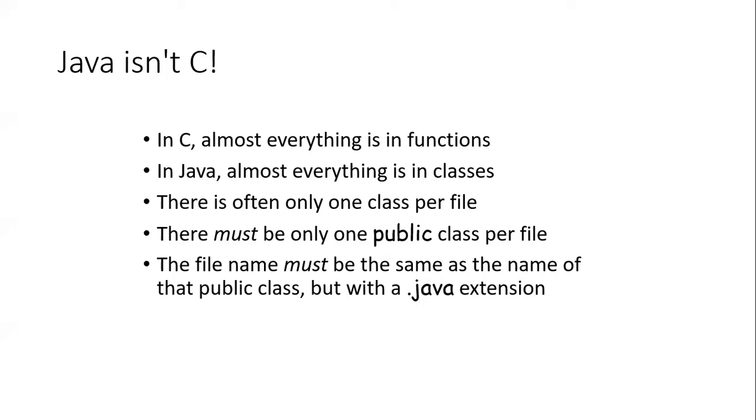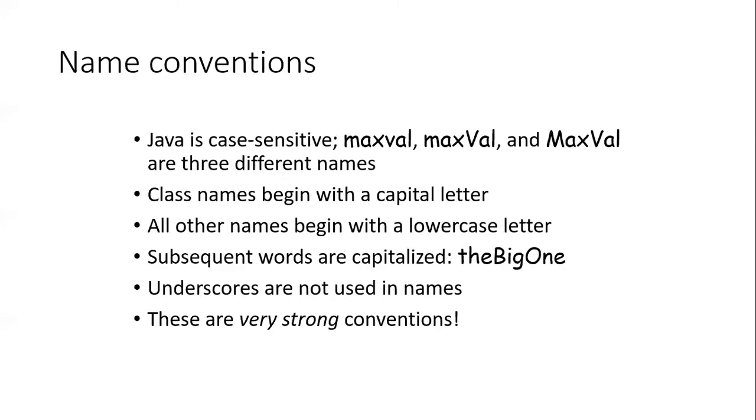And also you have to keep in mind that the Java file name must be the same as the name of that public class, with the .java extension. For example, if I choose my class name as MyJava, then I save the file name as MyJava.java, where .java is the extension. So here the file name and the class name should be the same.